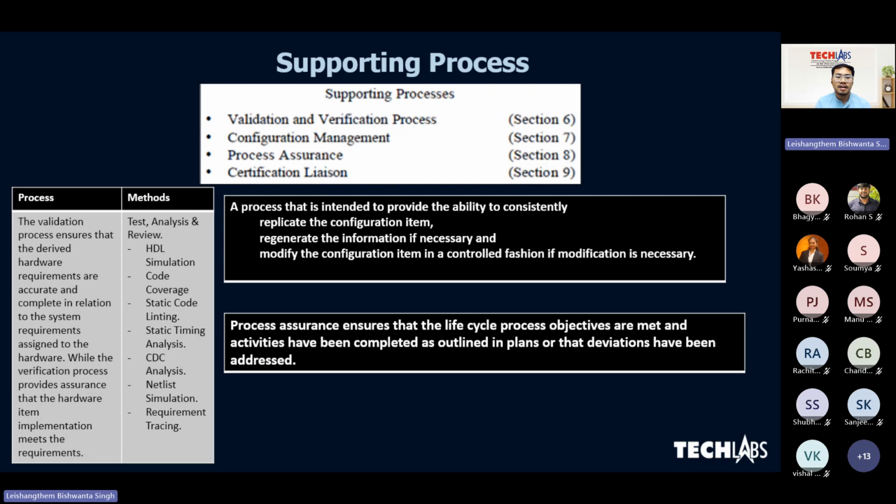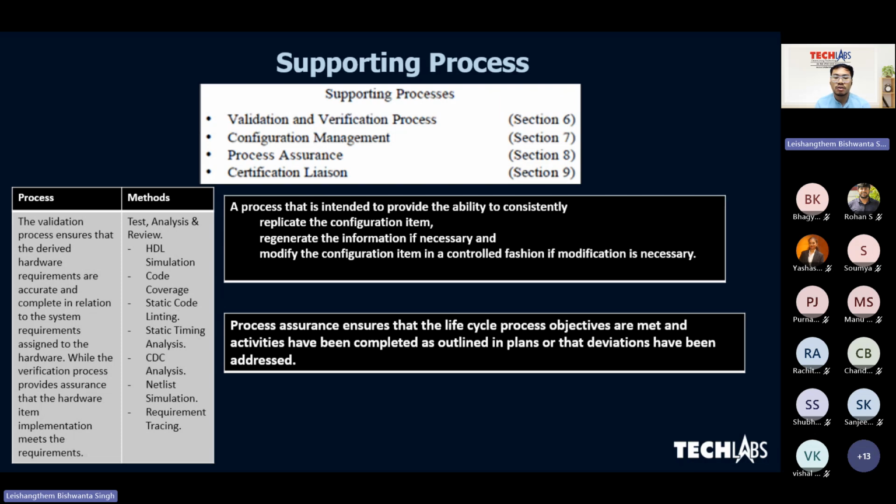And then we have the process assurance process also. Most DO-254 doers usually overlook this process, but it is very important. Process assurance ensures that the lifecycle process objectives are met and activities have been completed as outlined in the plan, or that deviations have been addressed.